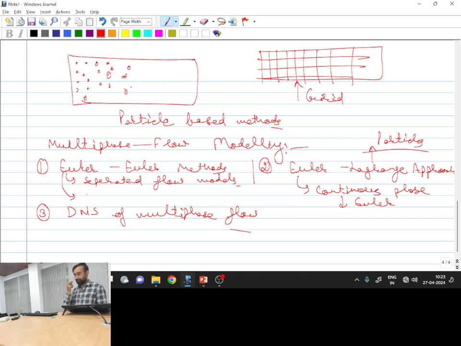For each particle we also have to write its equation of motion. What will be the equation of motion for a particle? Earlier I gave you a brief idea; in detail, if time permits, we will see.